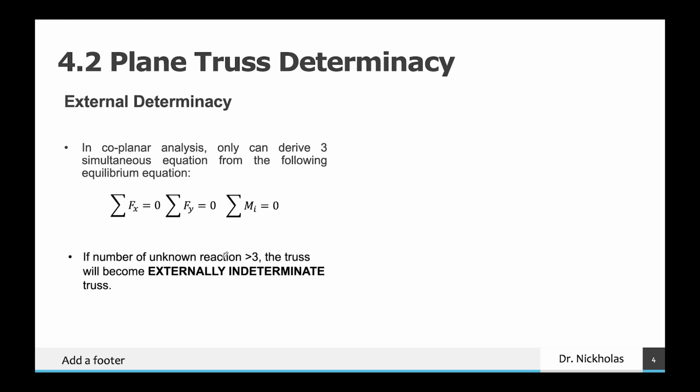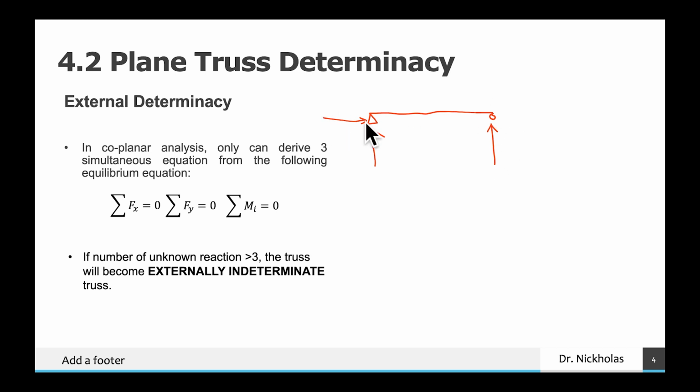So if we consider the total unknown reactions of the truss, for example, as in the previous class, we have a pin connection at this beam and a roller connection here. At the pin connection we can have two reaction forces, while at the roller connection we can have one vertical reaction.